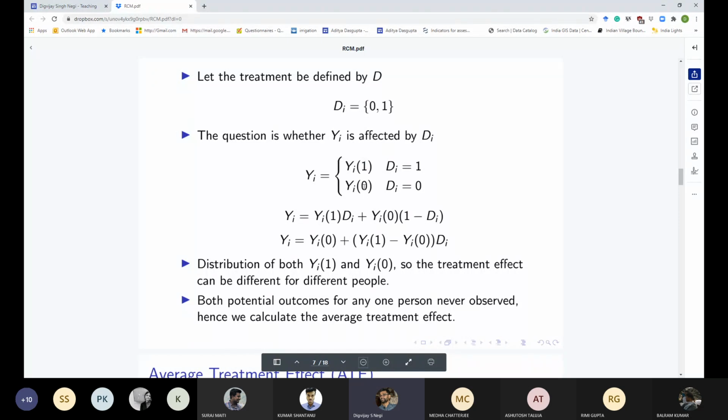So 0 denotes control, 1 denotes treatment, and these Yi's with brackets are the potential outcomes. Okay, so for each individual i, there will be two potential outcomes: one potential outcome of that individual under treatment and one under control.